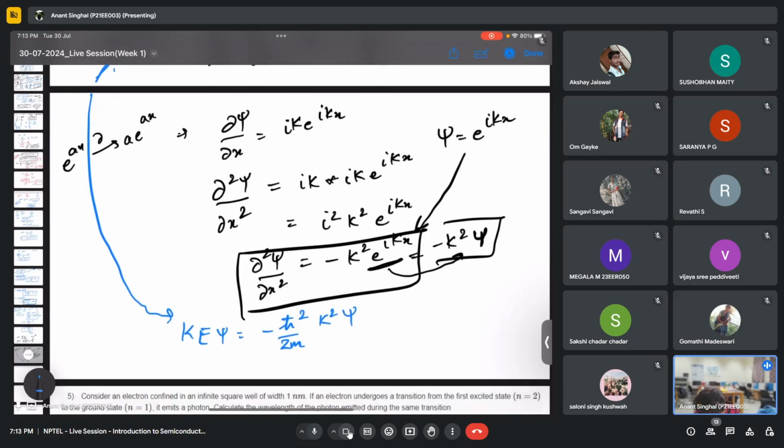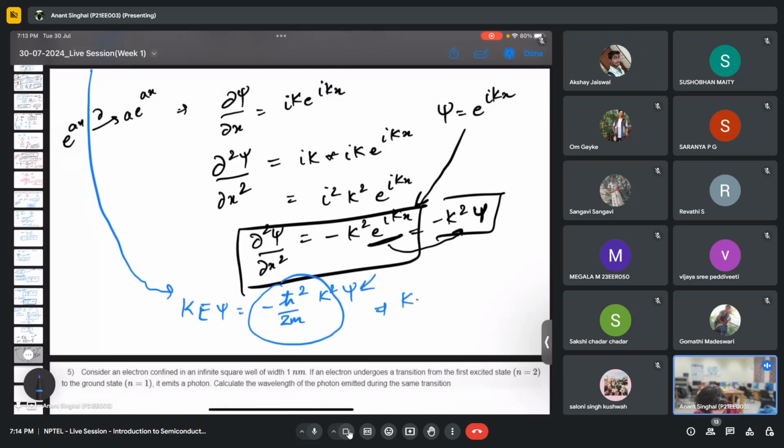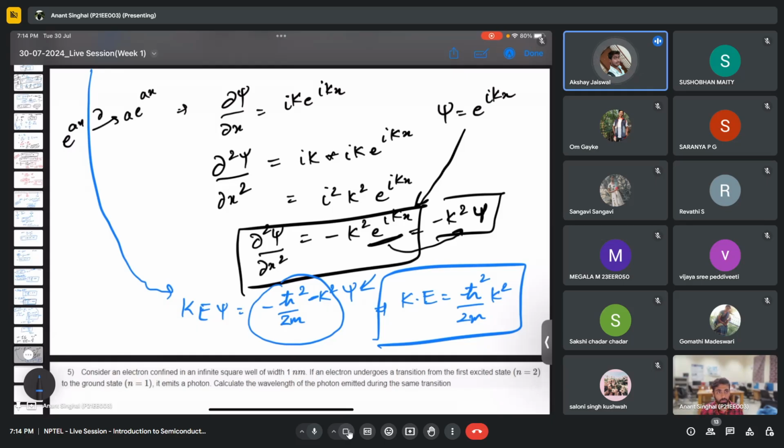So this will be the energy and this will be the operator. The kinetic energy of the particle will be given by minus h bar square by 2m and k square. Fine.